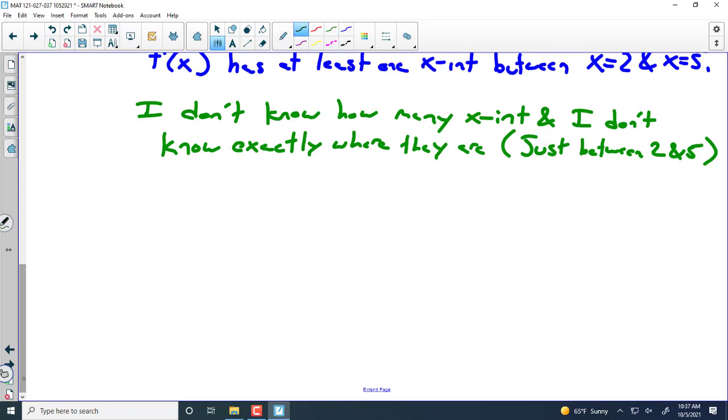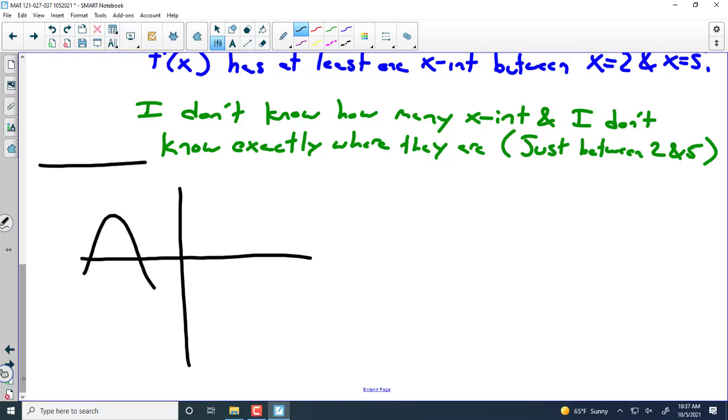For instance, here's another picture of a polynomial, but I'm going to remove a piece from it. Is there an x-intercept in between those two numbers? No. Zero.